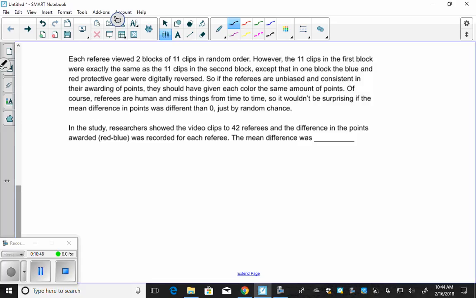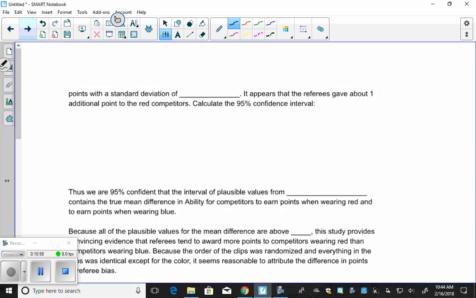The mean difference was 0.94 points, and the standard deviation was 2.14 points. It appears that the referees gave about 1 additional point to the red competitors.